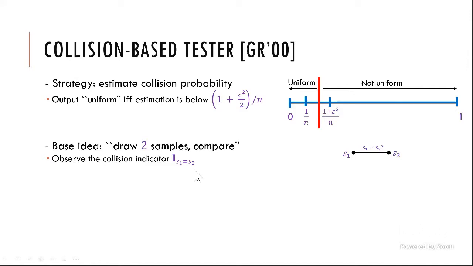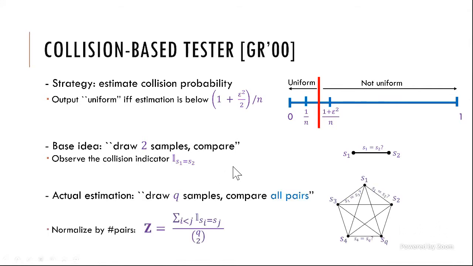So this indicator has the right expectation, but of course it doesn't concentrate well because it is only one indicator. If we take a bunch of samples and make a bunch of comparisons, then we get good concentration. This is the statistic that we take: we count the collisions among Q samples and normalize by the number of comparisons, which is Q choose 2.